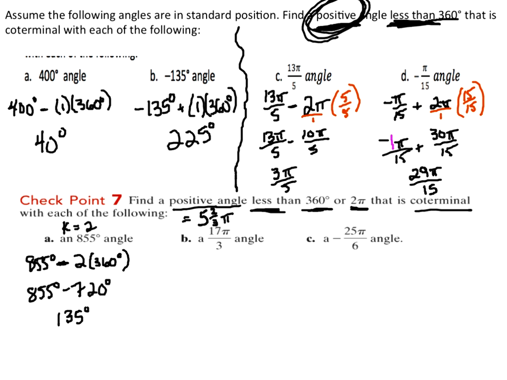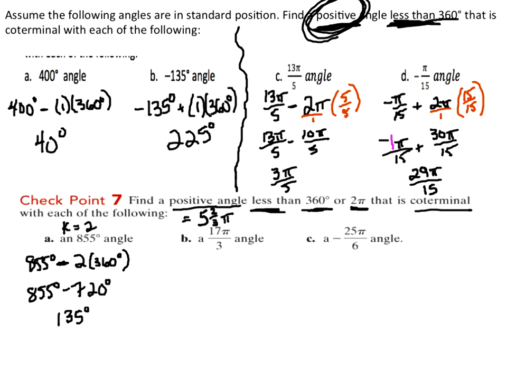So before we jump into this, think about it. 2 pi is 1 revolution. 4 pi would be 2 revolutions. 6 pi is 3. So 5 2/3 pi lies between 4 pi and 6 pi.